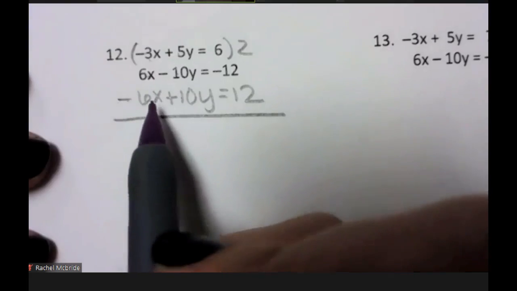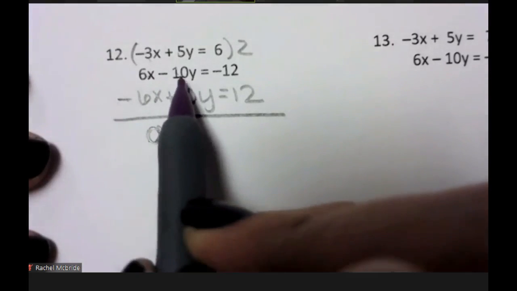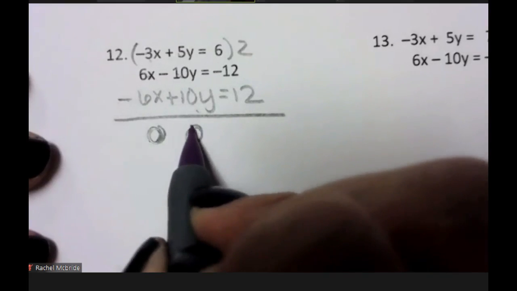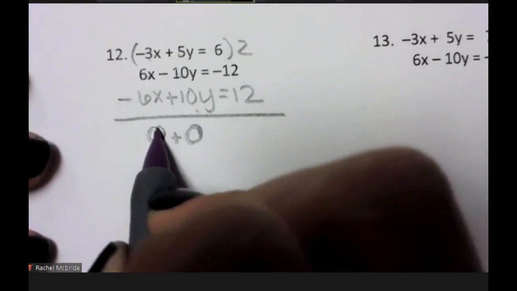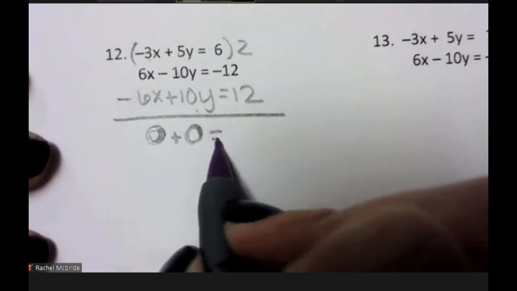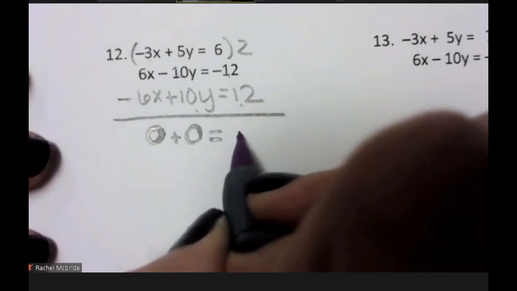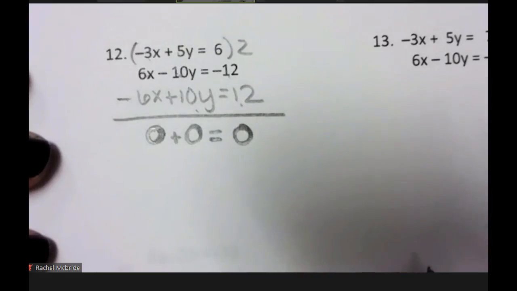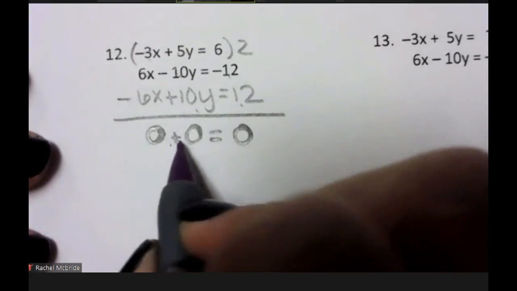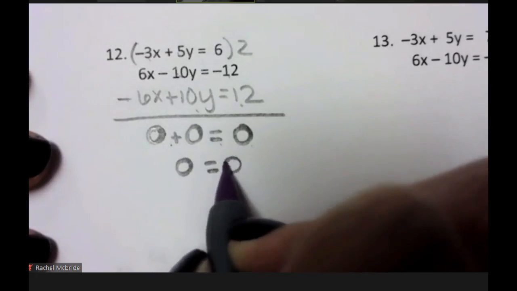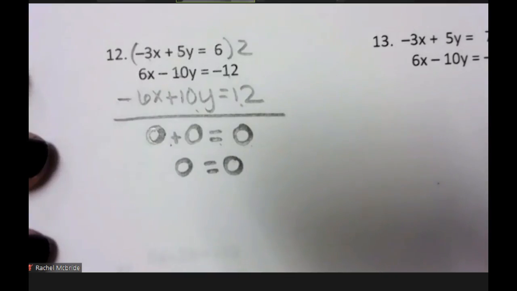Six minus 6 is 0. -10 plus 10 is 0. -12 plus 12 is 0. Does 0 plus 0 equal 0? So now I have 0 equals 0.